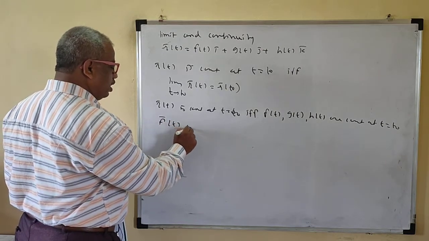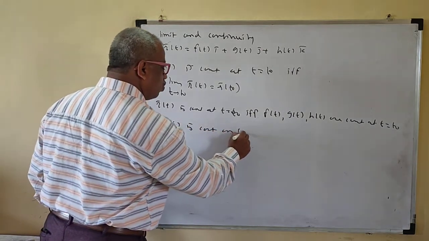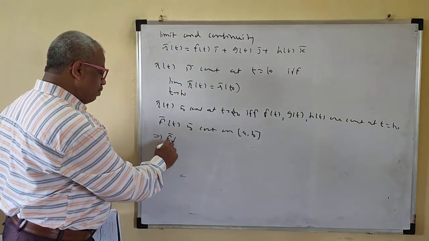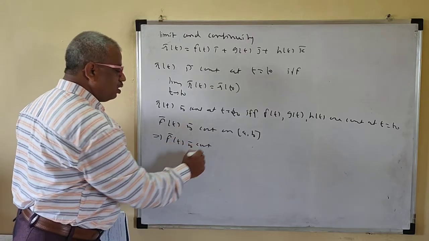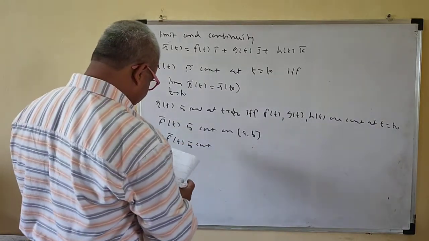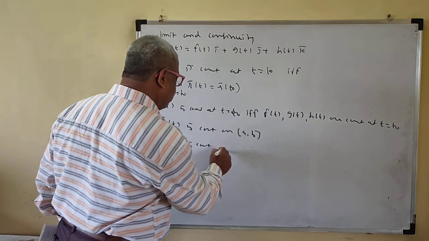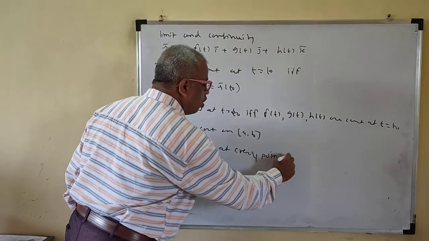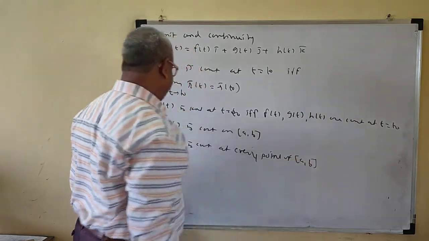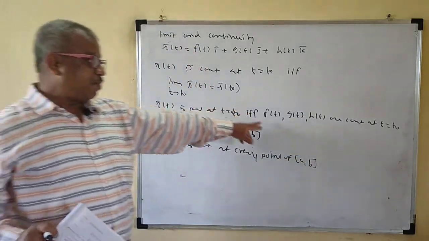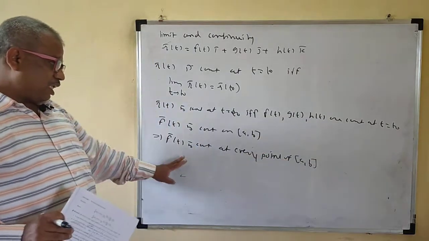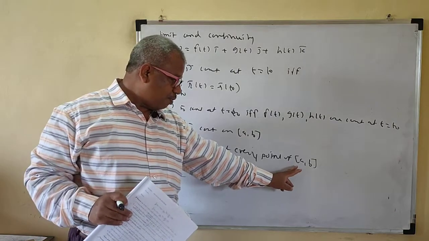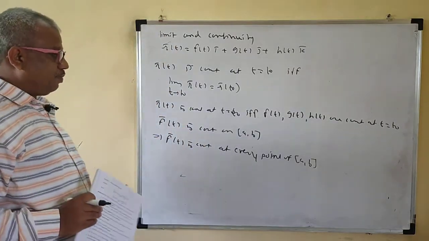So r bar of t is continuous on the closed interval [a, b]. This implies that r bar of t is continuous at every point of the closed interval [a, b]. Means f of t, g of t, h of t are continuous at every point of the closed interval [a, b].